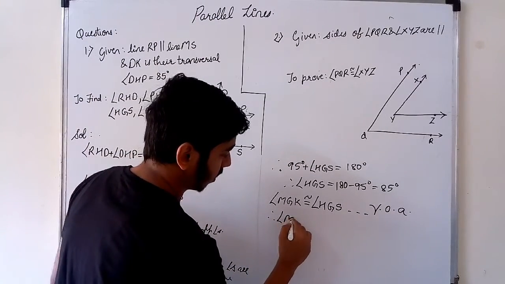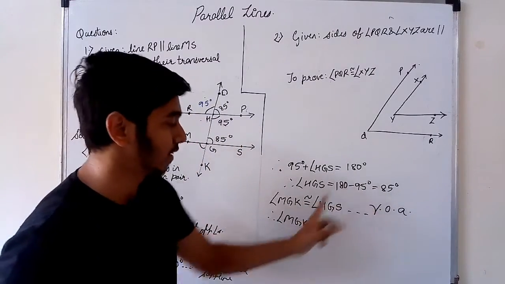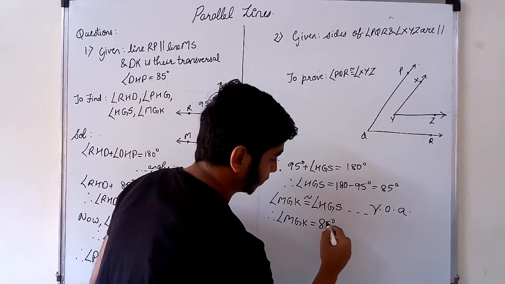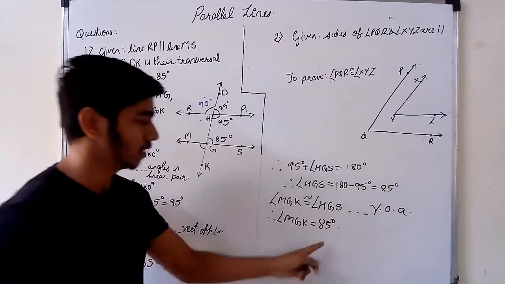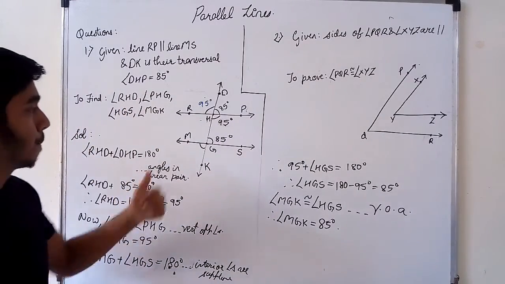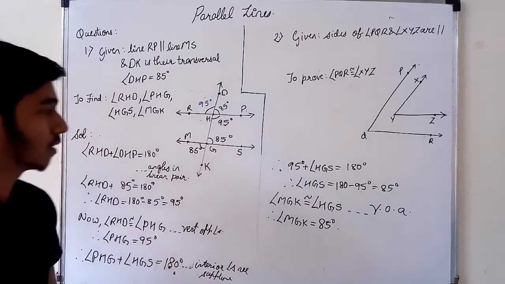Therefore, angle MGK is equal to HGS is 85. Therefore, MGK will be 85 also. Okay. So I hope you have understood this. We found all the four angles. This was also 85.